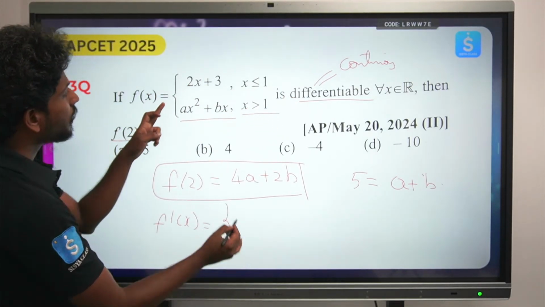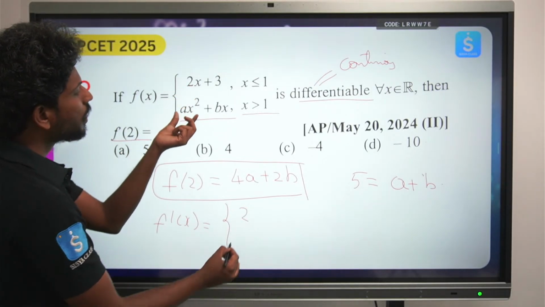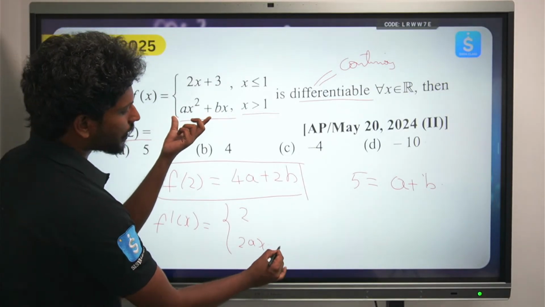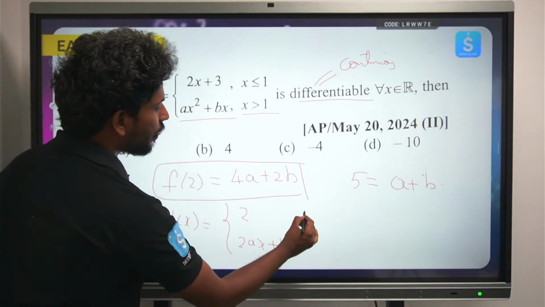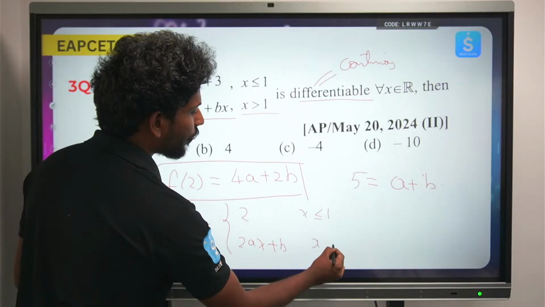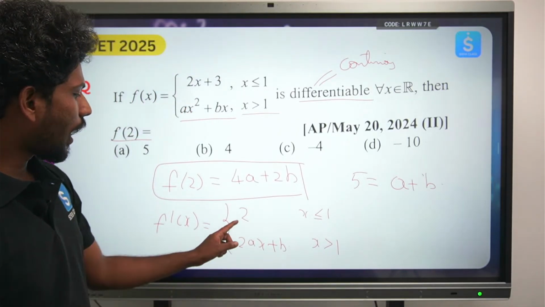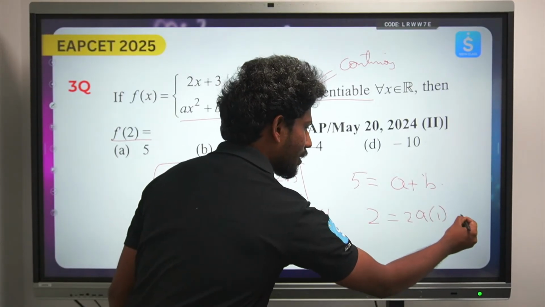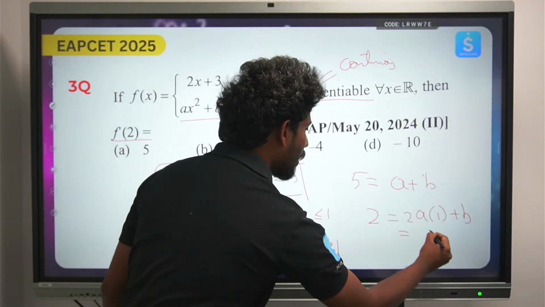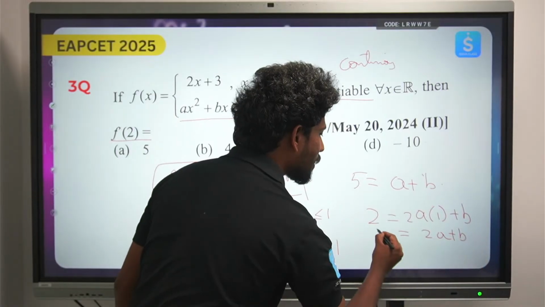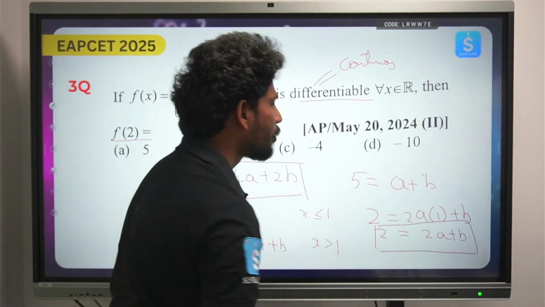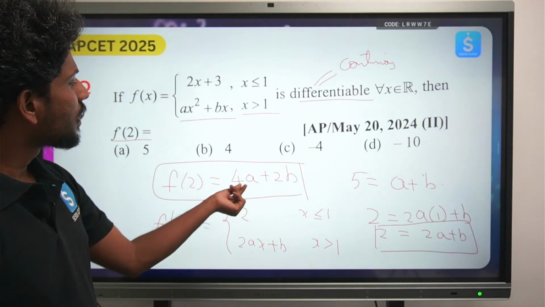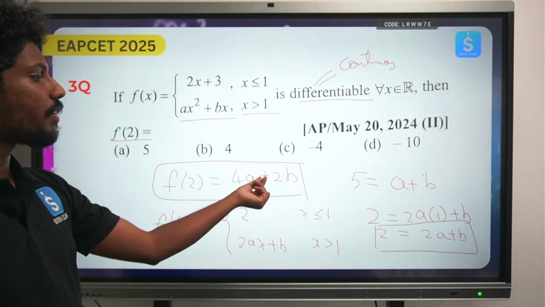So here, differentiation of 2x is 2, differentiation of ax square plus bx is 2ax plus b, for values of x less than or equal to 1, for values of x greater than 1. So I can say now 2 is equal to 2a into 1 plus b. So I can say that 2a plus b is equal to 2. Okay, just preserve this, 2a plus b equals 2, but we have f of 2 value to be 4a plus 2b. So 4a plus 2b I can write as 2 times of 2a plus b.